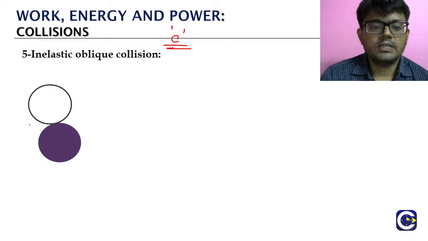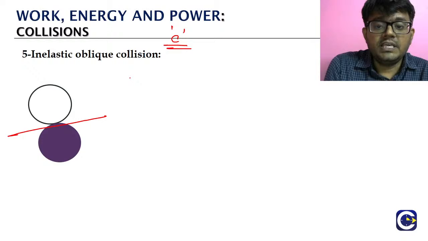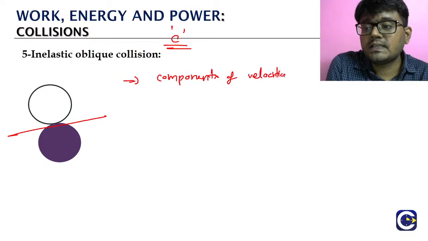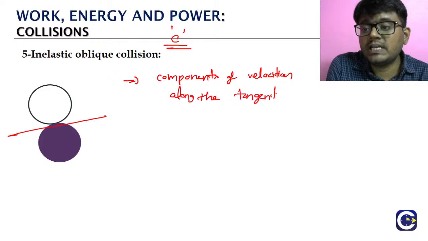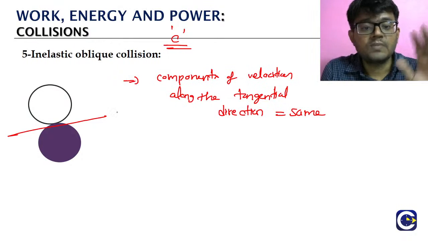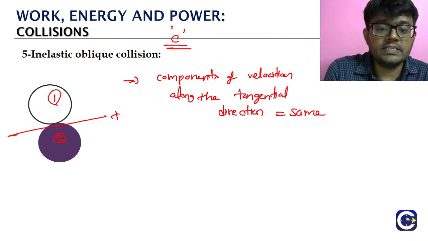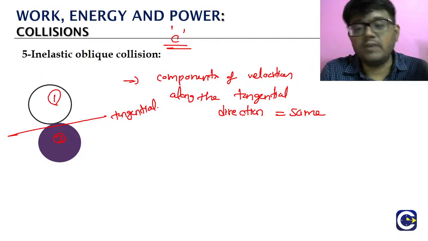In this inelastic oblique collision, the components of velocities along the tangential direction do not change, whether particle 1 or particle 2. This is the tangential direction, right? In the tangential direction, the velocity components will not change.